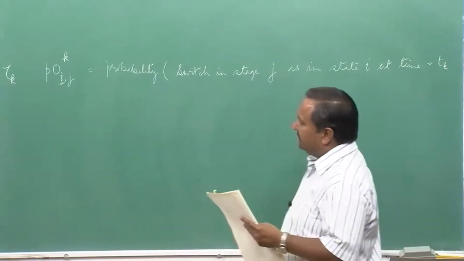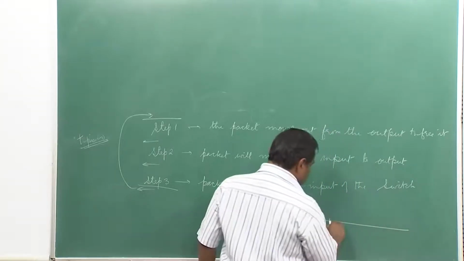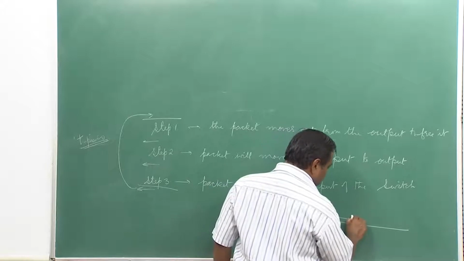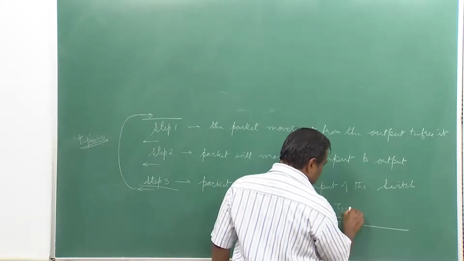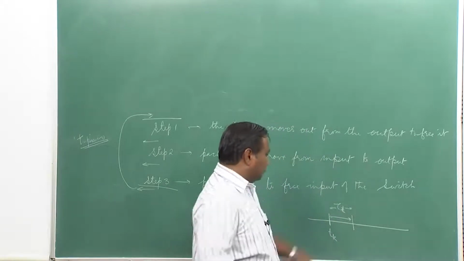So, remember tau k step. So, when I draw a timeline, the Tk is this time instant, and this particular time interval is tau k. Okay. So, Tk is that particular time step.